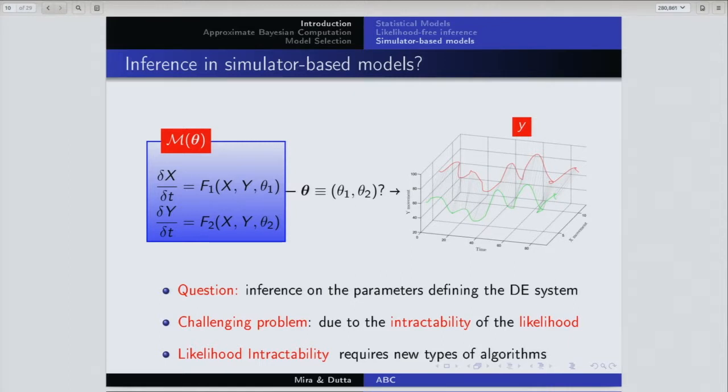And each one of those two functions is indexed by a parameter, which can be a vector, and let's call theta 1 and theta 2 the two parameters that govern this system of differential equations. So this is our model, theta is the parameter, and those are differential equations. So you understand that if I give you two values of the parameter, theta 1 and theta 2, you will be able to forward simulate a trajectory for x and y over time.